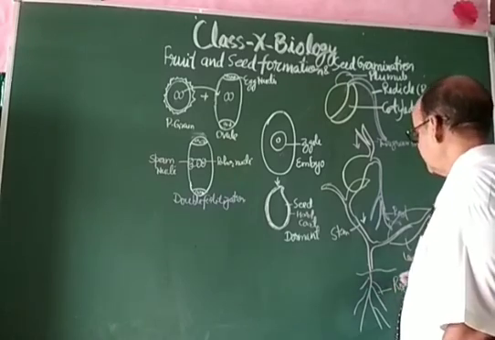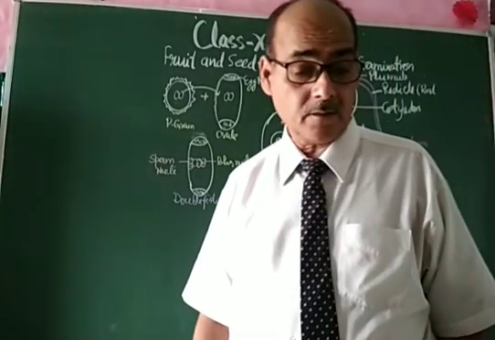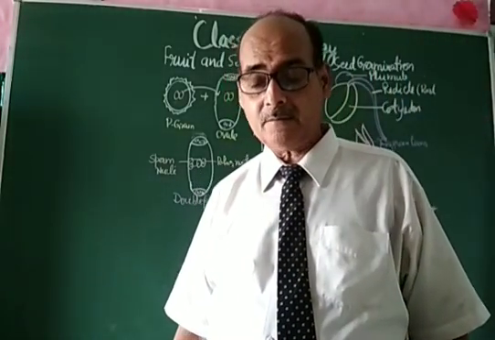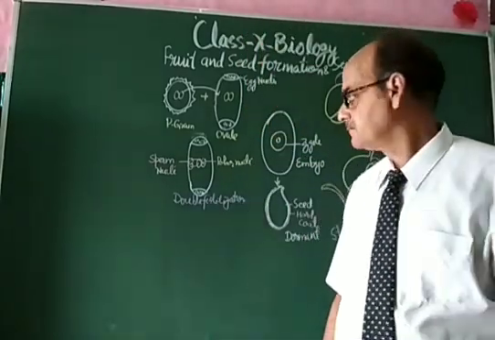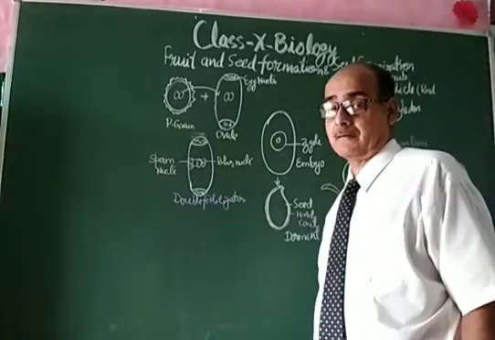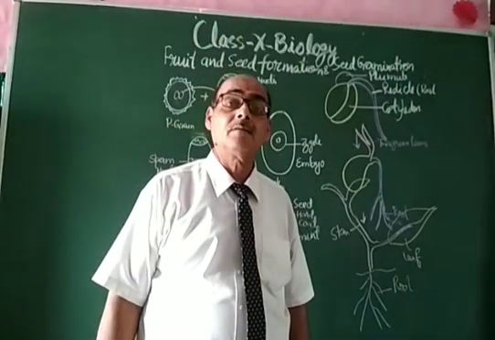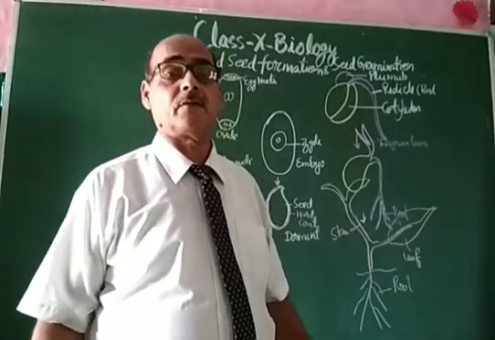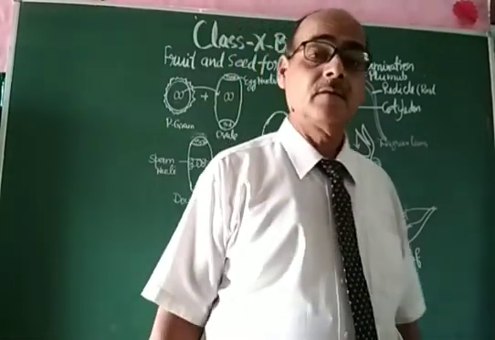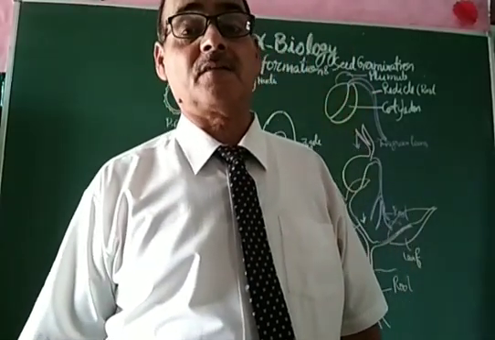And further, after the maturation of this plant, the flowering will be there. The flowering will be there in the flowering season in this plant, which results in the formation of gametes as well as pollination and fertilization.